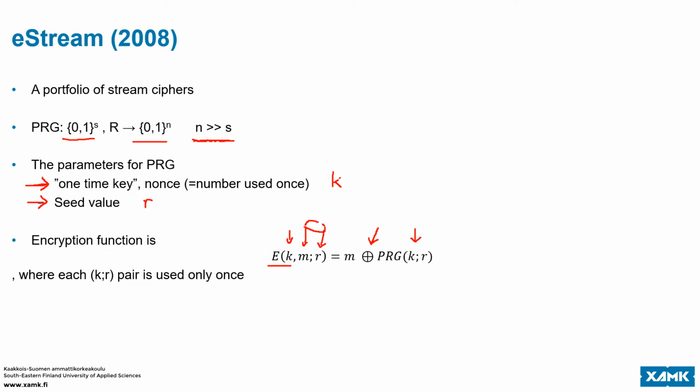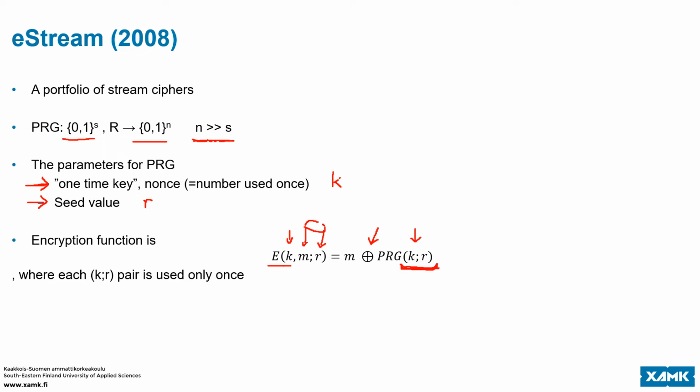Now, what makes this cipher interesting is that we can actually use the same key multiple times. This is because the pair of parameters k and r, the combination of a one-time key and a seed value, makes this pair unique.